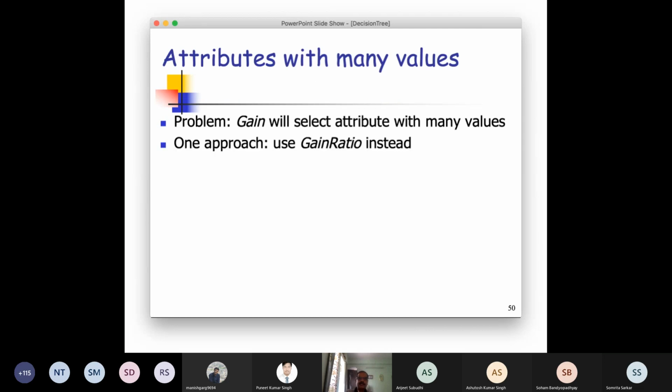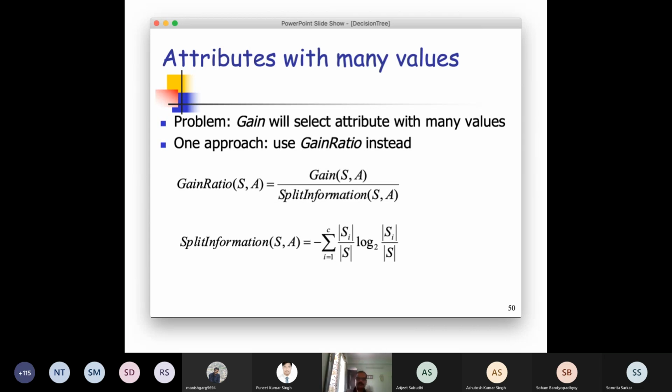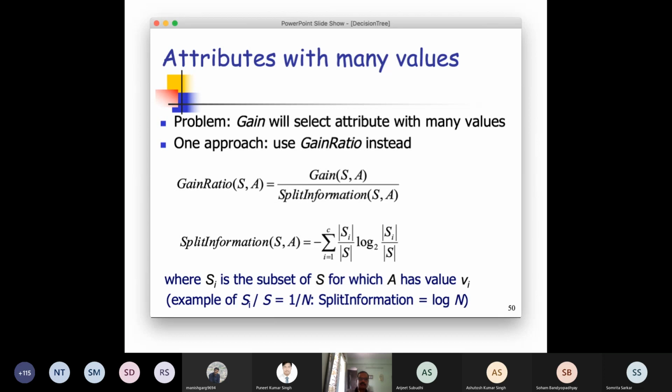So the measure is that you are dividing the information gain that you are finding by the entropy of the class distribution over the attribute space. You see that this is exactly what you are doing, and that becomes your corresponding normalizing factor.